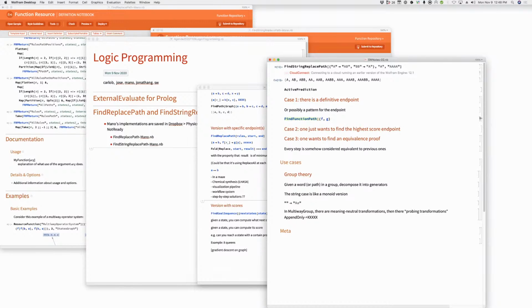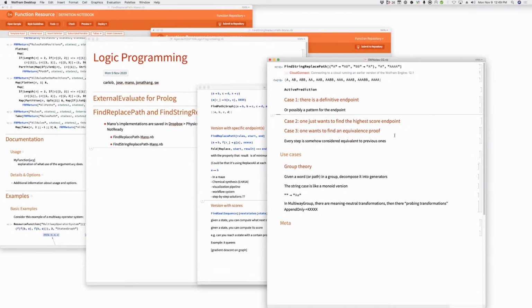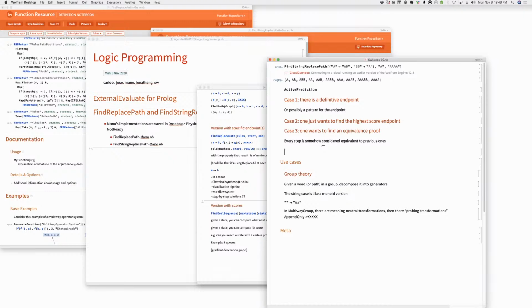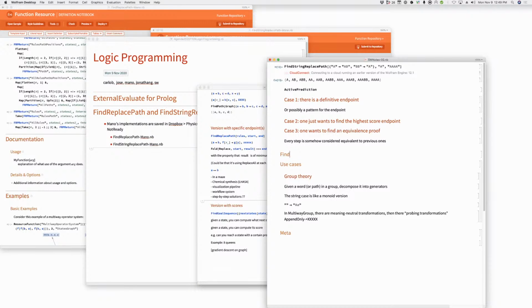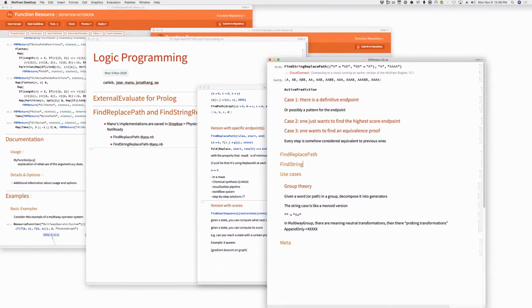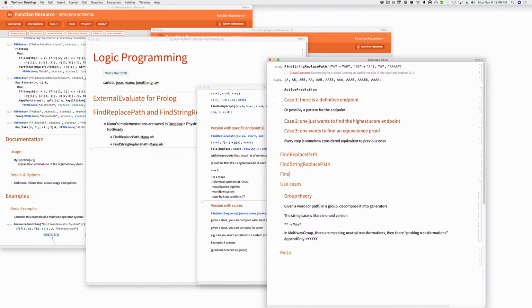Instead of replacements at all. Yes, there's a different thing here. So, okay, I'm going to claim there's find replace path, there's find string replace path, and there's find function path.